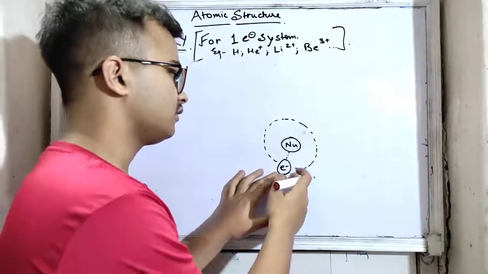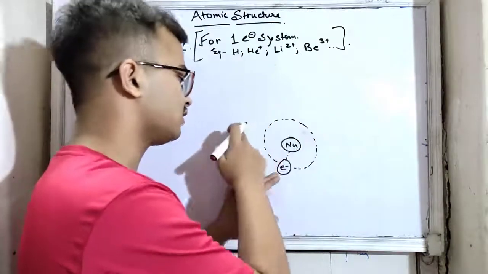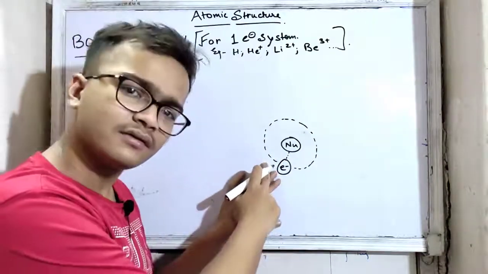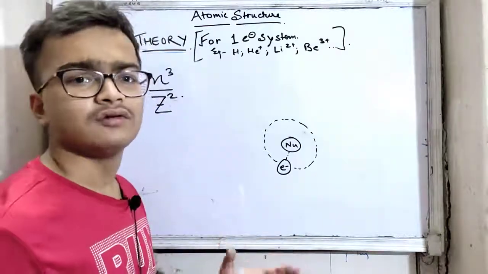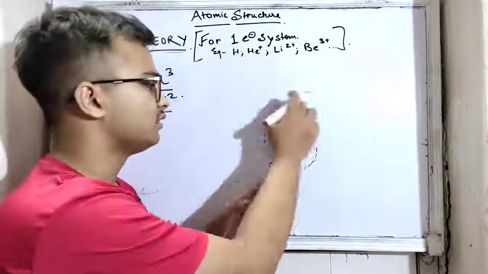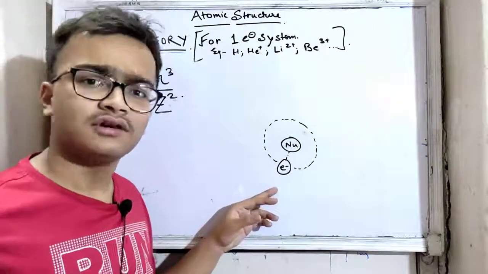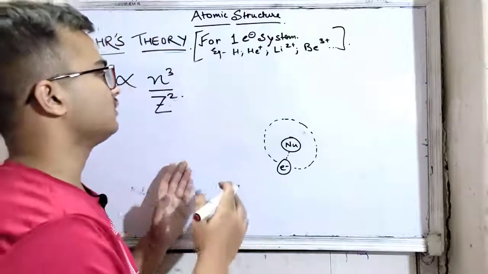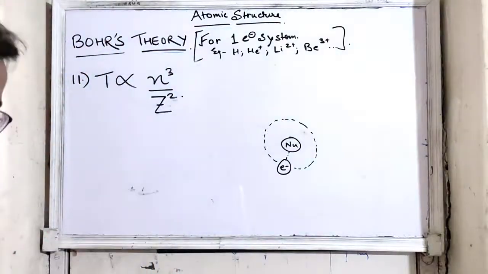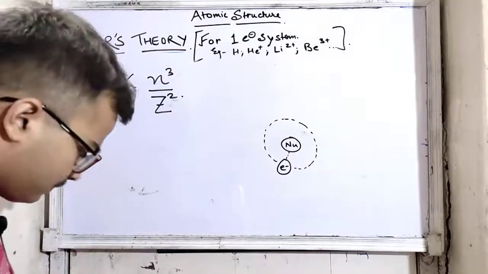The electron will cover the entire circle and come back to this position. So the time taken by the electron to complete one rotation around the nucleus of the atom is called the time period. So time period has the formula n cube by z square, given by Bohr.